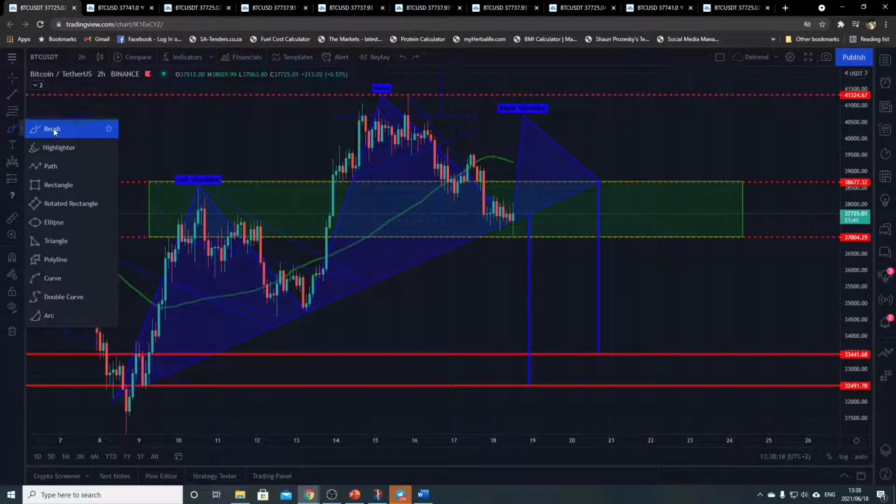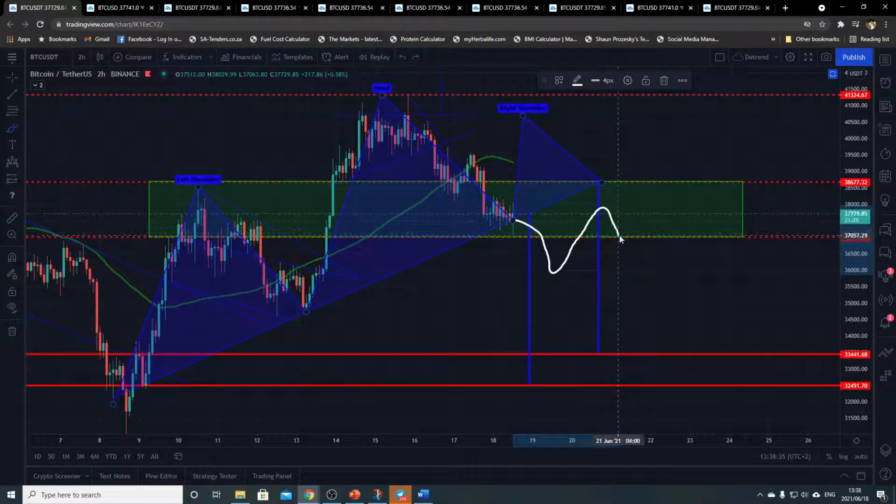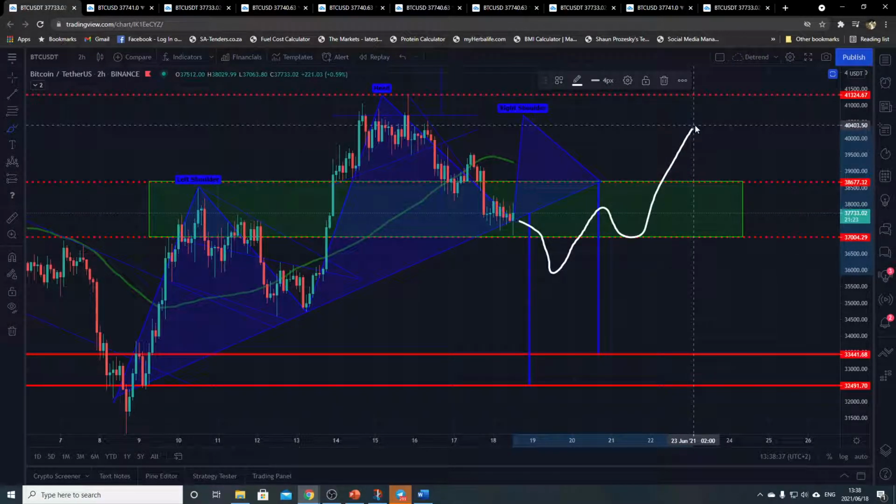The reason why you need to take profits is because you could find another area of value here. Price could plummet down to here and then bounce. Okay? And then follow through and then bounce again and go back up. All right.